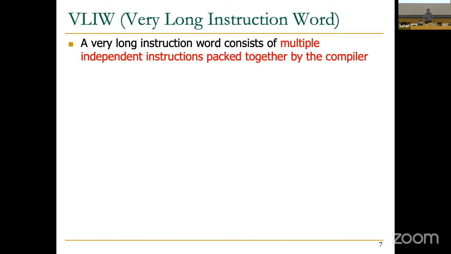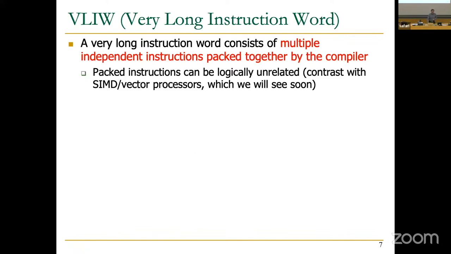Okay, so let's go into a little bit more depth. A very long instruction word consists of multiple independent instructions packed together by the compiler. Packed instructions can be logically unrelated. And this is the key distinguishing factor of VLIW compared to what we will see tomorrow: single instruction, multiple data architectures, vector processors, which GPUs build on.